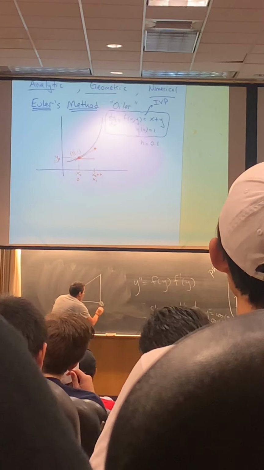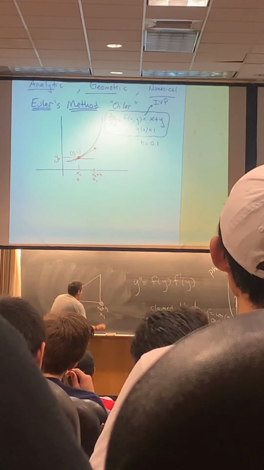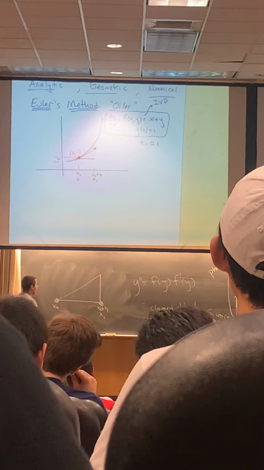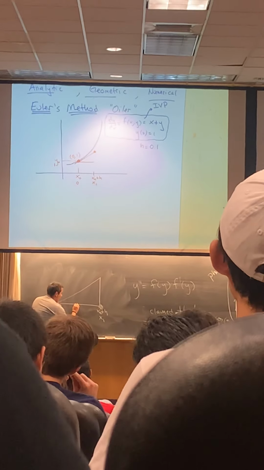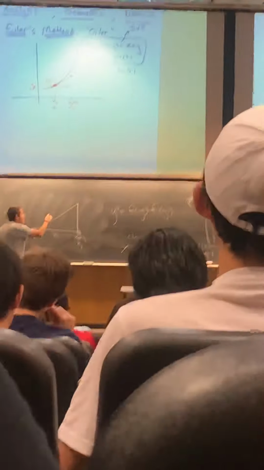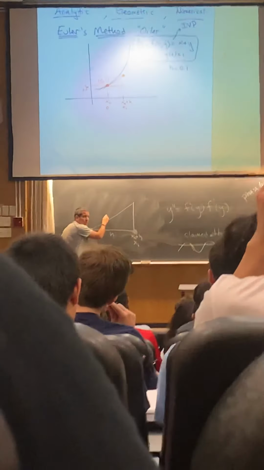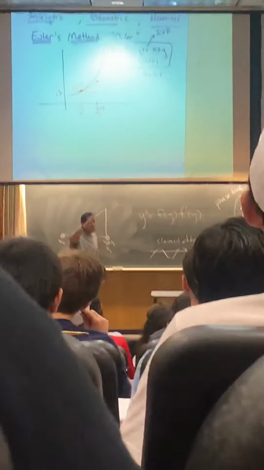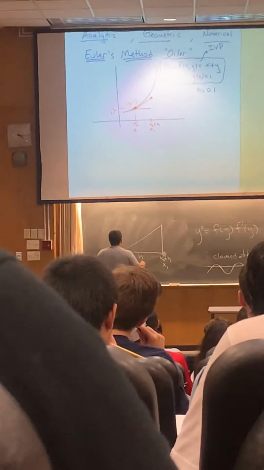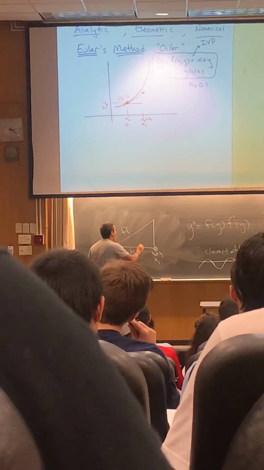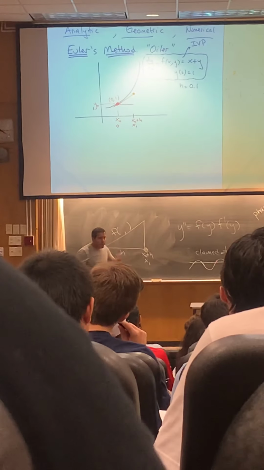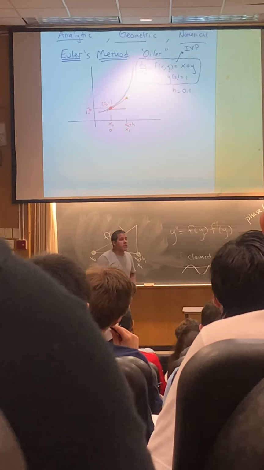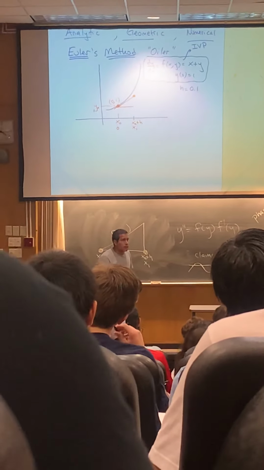Here is my x naught plus h, which is x1. And then, of course, this is the h. And I know this value, because this value is the inclination, the slope. And I know that slope better be given to me by f. And what am I plugging in general for this step?